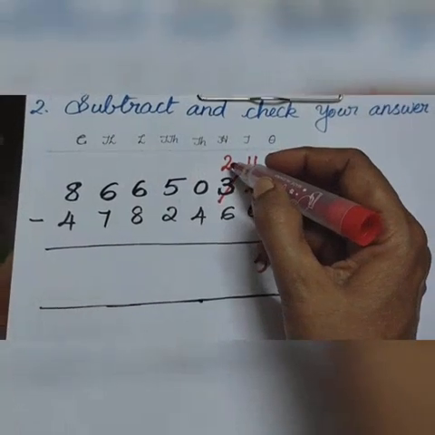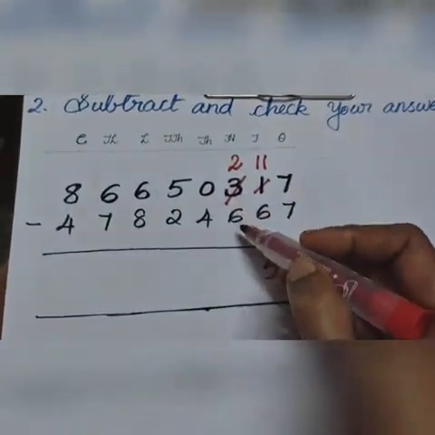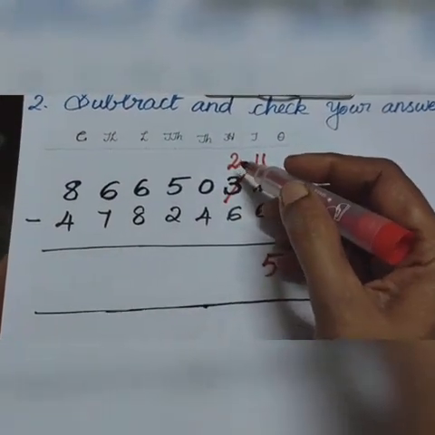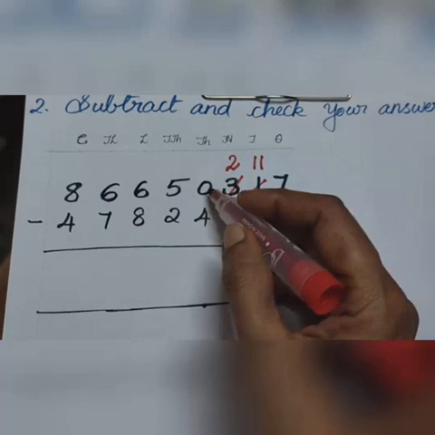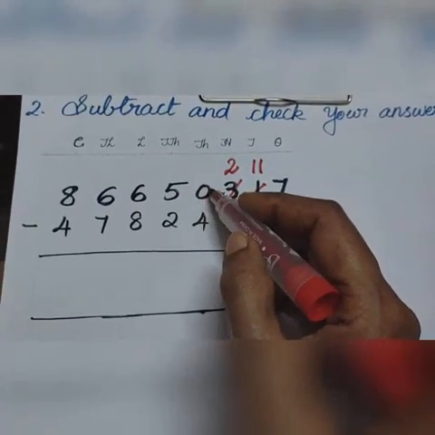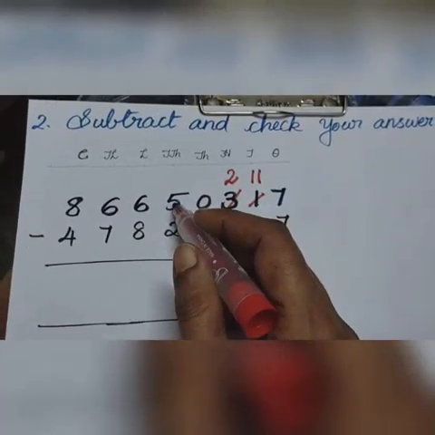Okay children, next, yes, 2. 2 minus 6. Is it possible to subtract 6 from 2? Yeah, no, is it not? So we have to borrow from thousands place. There also 0, nothing is there. So we can move to the 10,000s place.